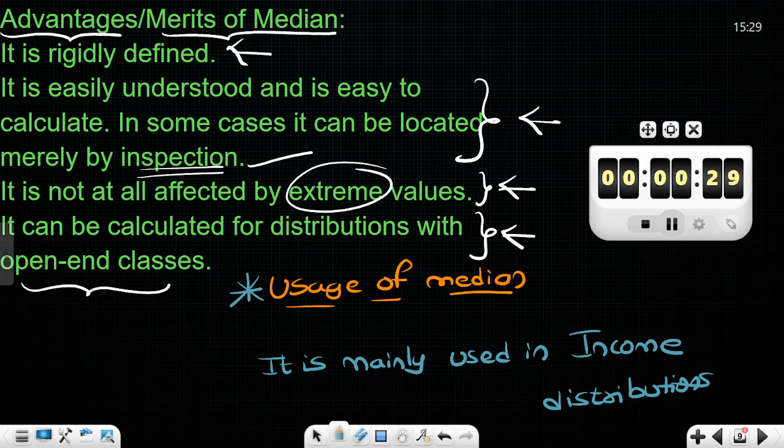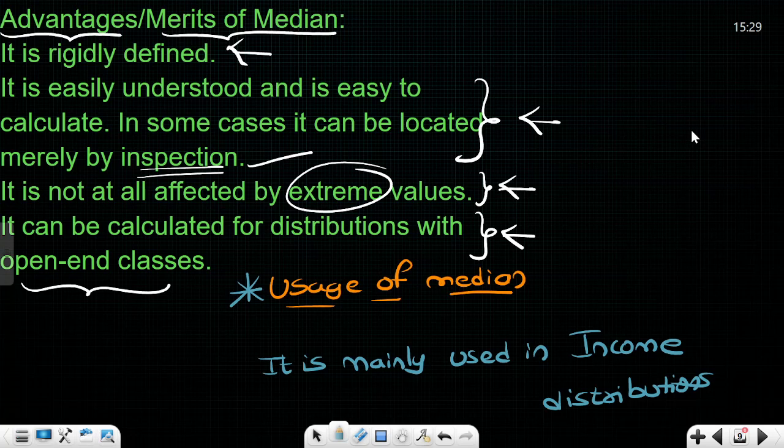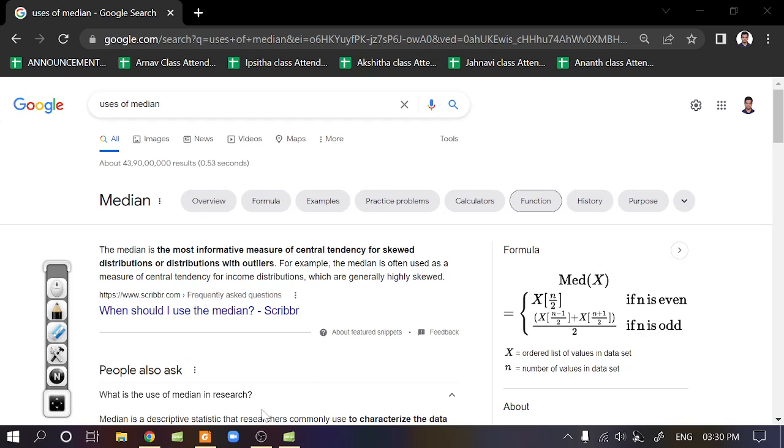Okay, 30 seconds are over, Akshita. I am going ahead. Now we need to solve the questions from your textbook.